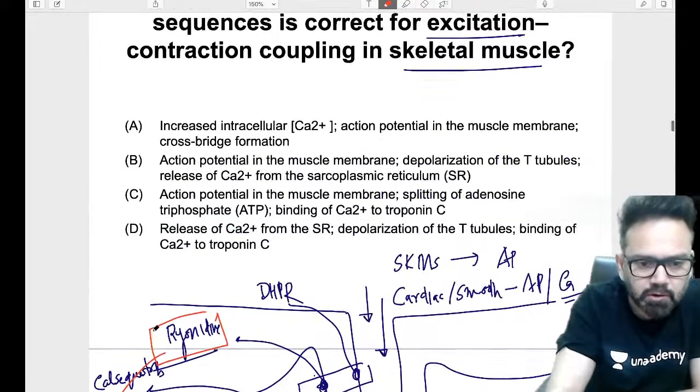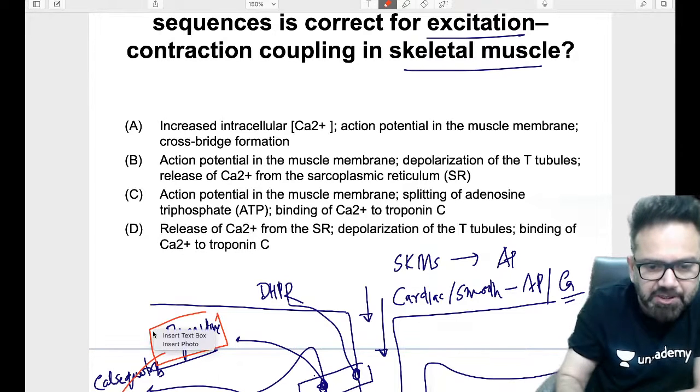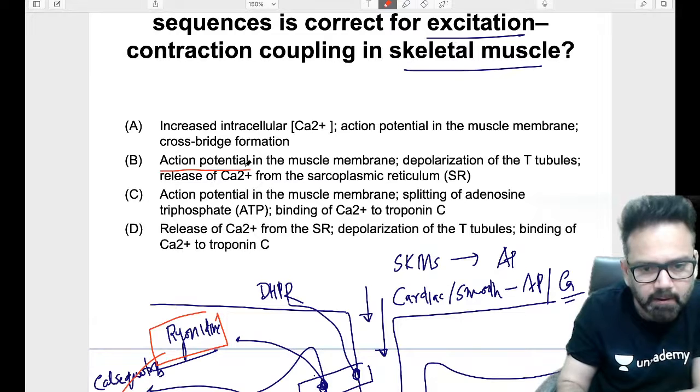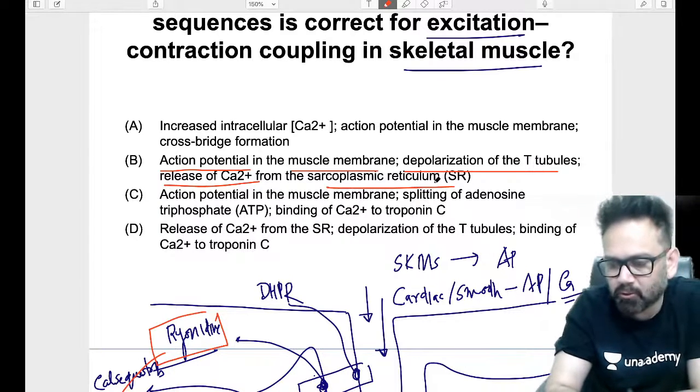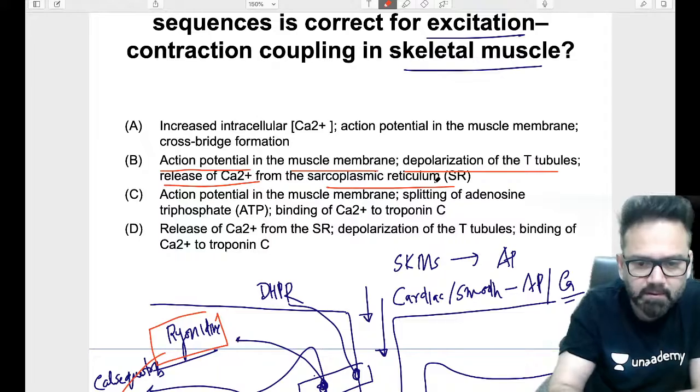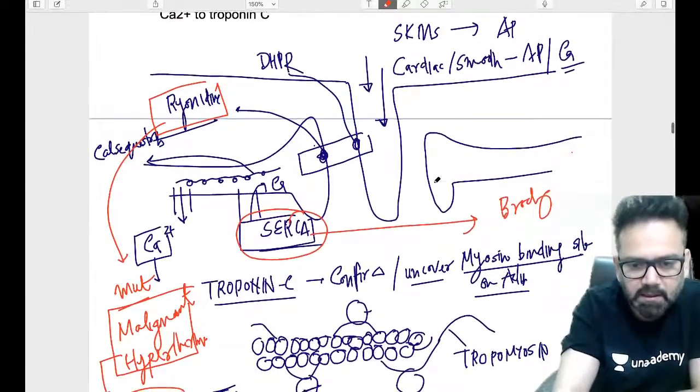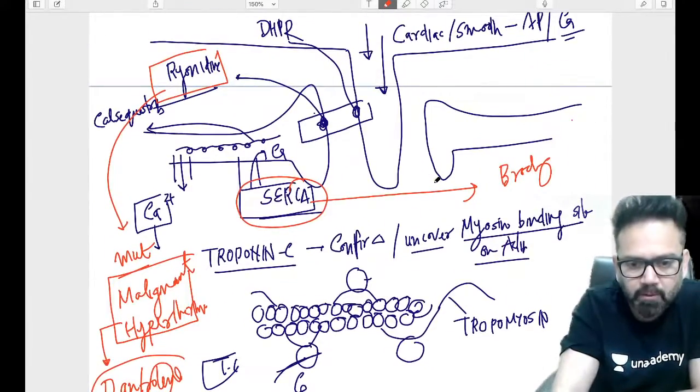Good. So you can understand here that action potential in the muscle membrane, then depolarization of the T tubule, then release of calcium from the sarcoplasmic reticulum is the correct sequence. You can see the correct sequence here.